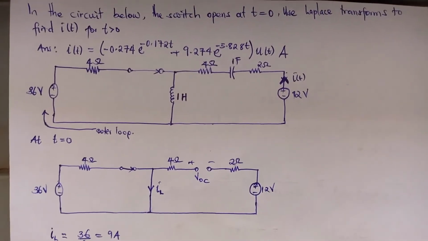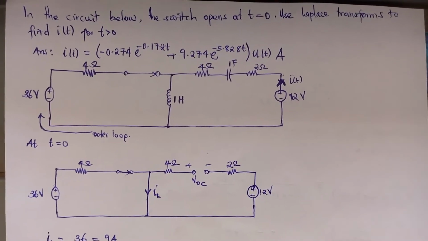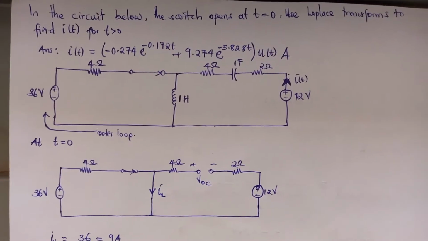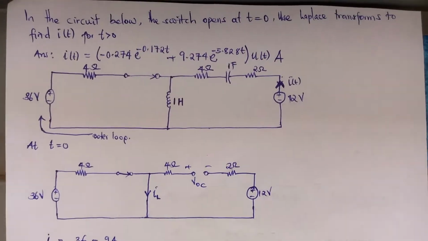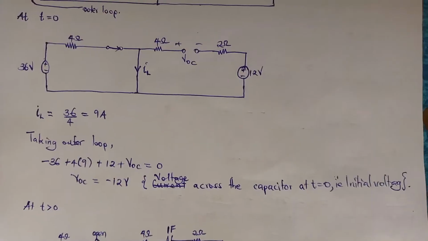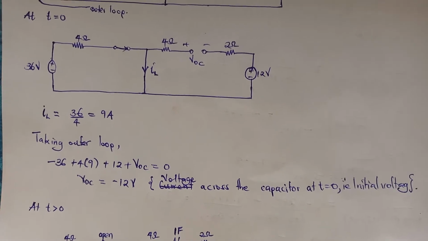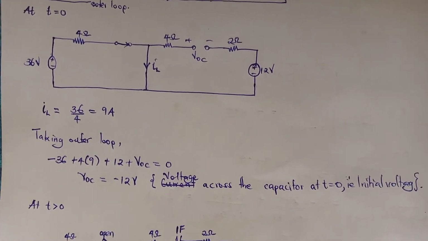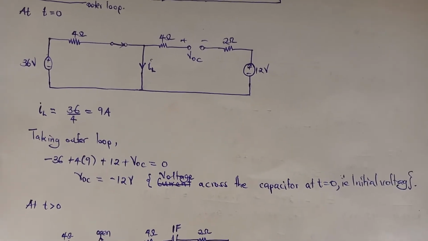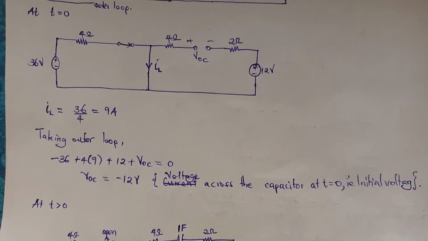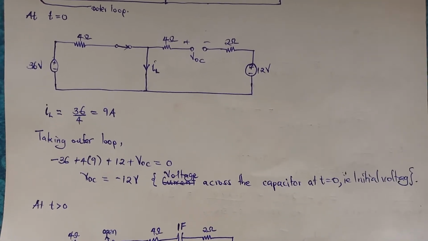In this case, we are going to analyze this circuit and see how we can determine the current flowing through the circuit at any time t. As I told you before, for a DC source, the capacitor acts as an open circuit, it blocks DC, and an inductor acts as a short circuit.